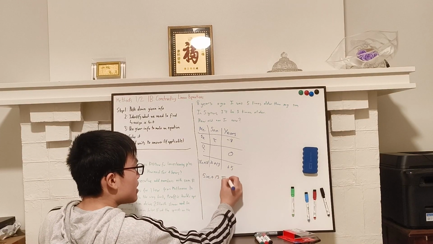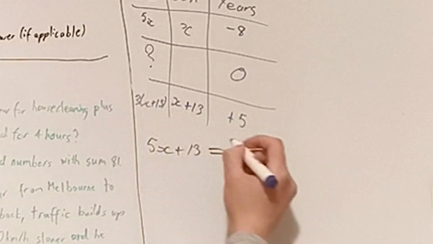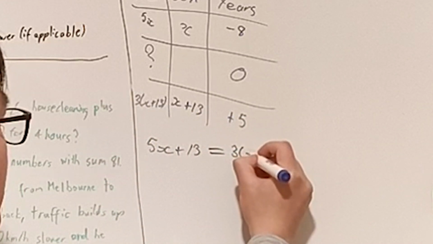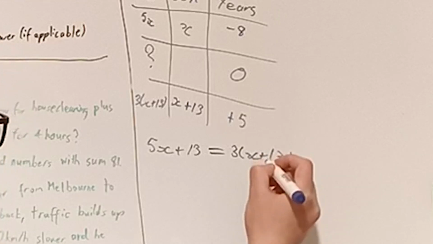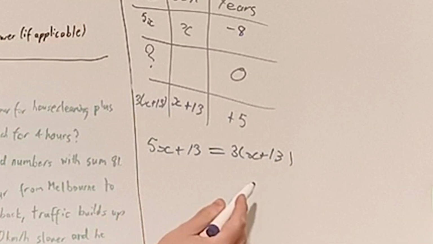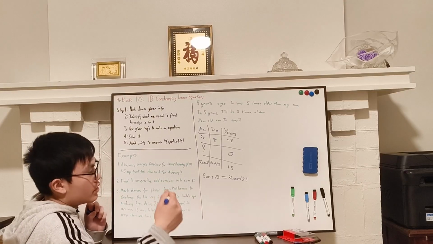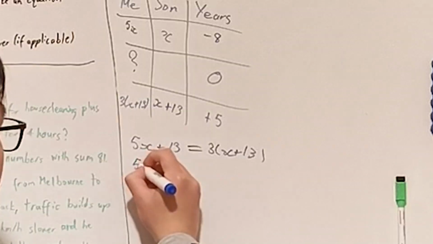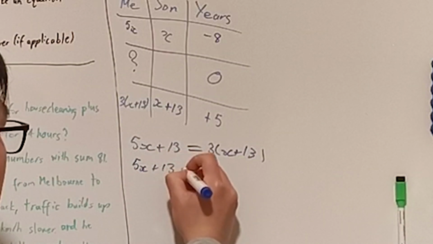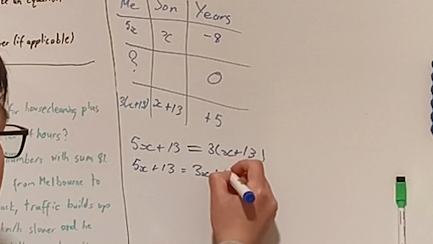What this means is that is equal to this right here. So 3 bracket x plus 13, that equals that. So now this is a simple linear equation, and what we can do is 5x plus 13 equals 3x plus 39.